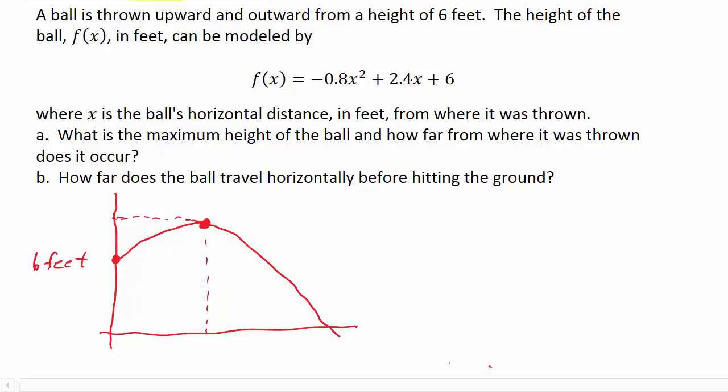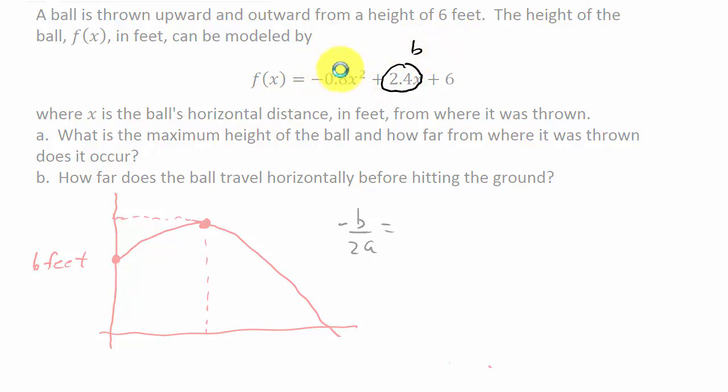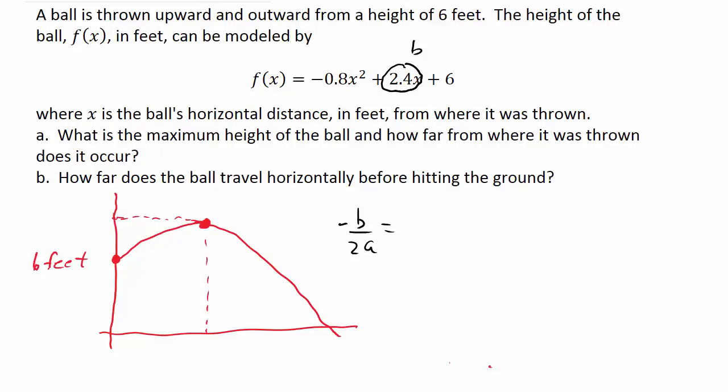So if you look at this, we just need to find the vertex. If you remember how to find the vertex of a parabola in this form, to find the x coordinate, that would be this distance here, that's minus b over 2a, where b is the number in front of x, and a is the number in front of x squared.